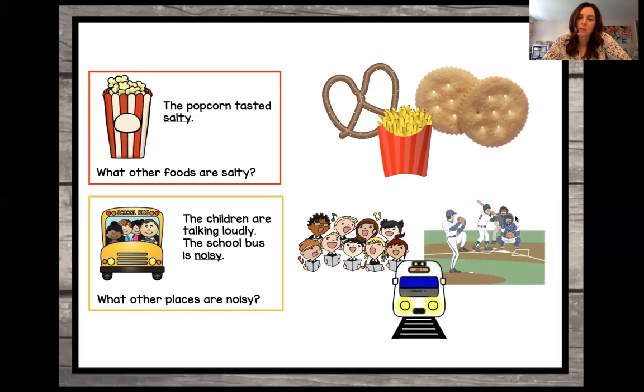And the train is pretty noisy. It's loud. So when you see the word noisy, it automatically prompts you to think about times in your life or experiences, things that you already know that are noisy. And that helps you to understand how the characters may have felt while they were on the bus and gives you a deeper understanding of the word noisy.